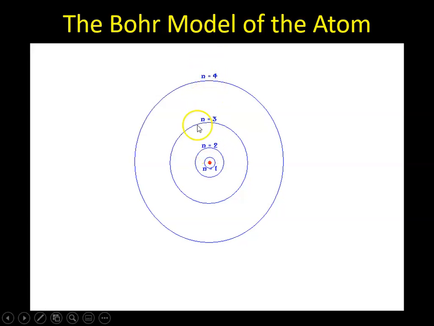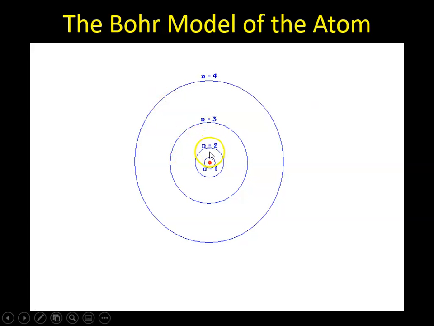N equals 5 to n equals 2 is 435 nanometers. Those are all photons in the visible part of the spectrum, and those match the wavelengths that you saw in that diagram that I showed before with the emission lines for hydrogen, though they weren't at exactly the right spots by the measuring tape that was used in the diagram.